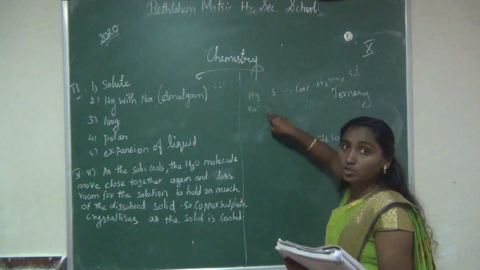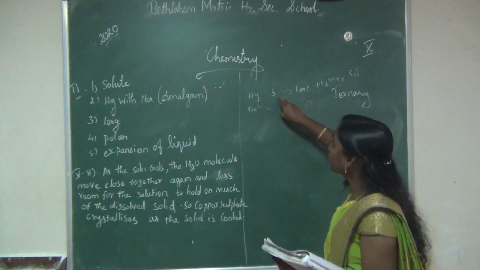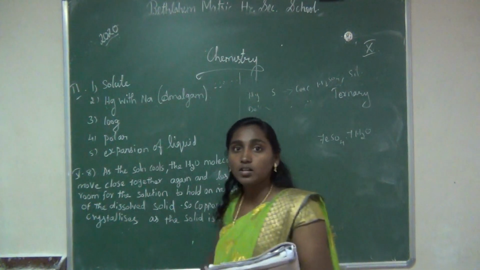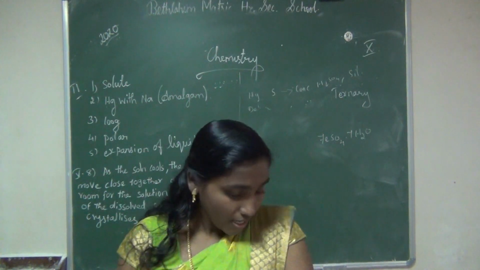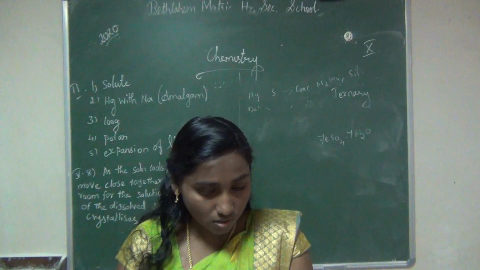Remaining everything you should write under deliquescent substance. So hygroscopic substance examples: concentrated sulfuric acid and silica gel. Then long answer. Long answers we also already marked.